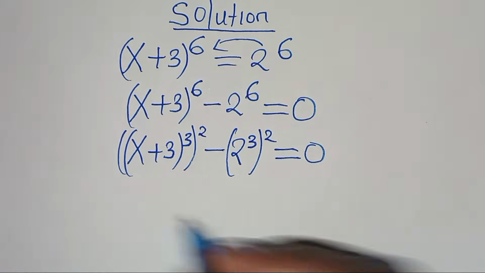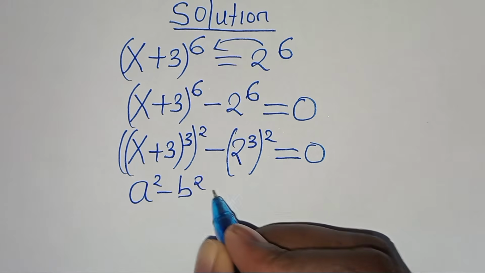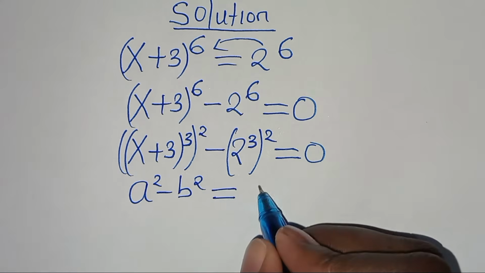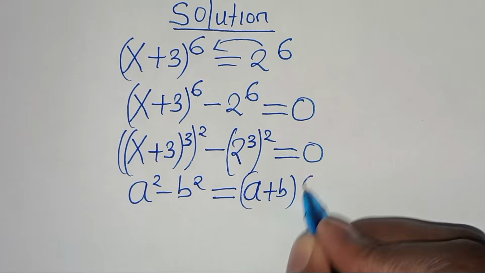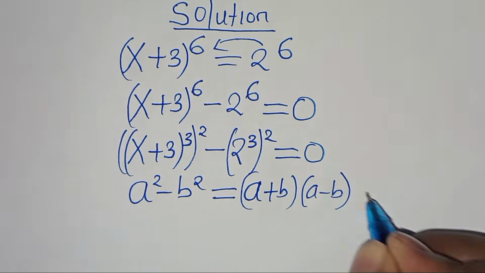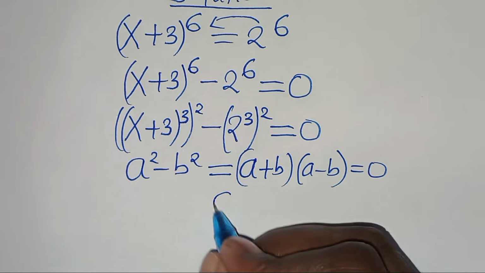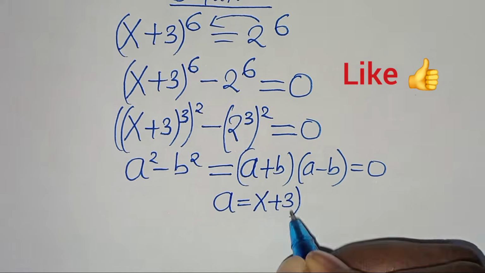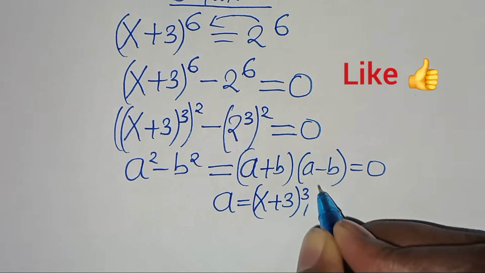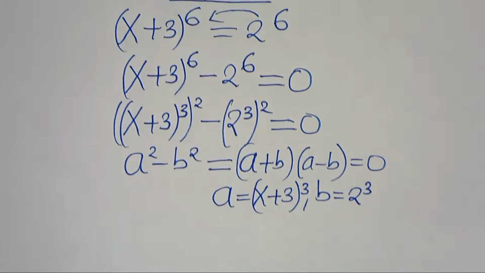This equation is in the form of a squared minus b squared, the difference of two perfect squares, which we can express as (a+b)(a-b) equal to 0. We have that a is equal to (x+3)^3, and b is equal to 2^3.